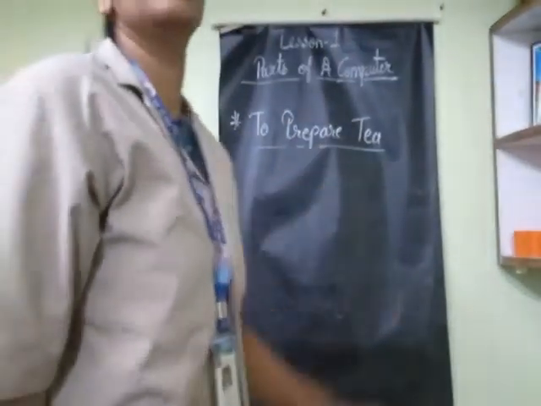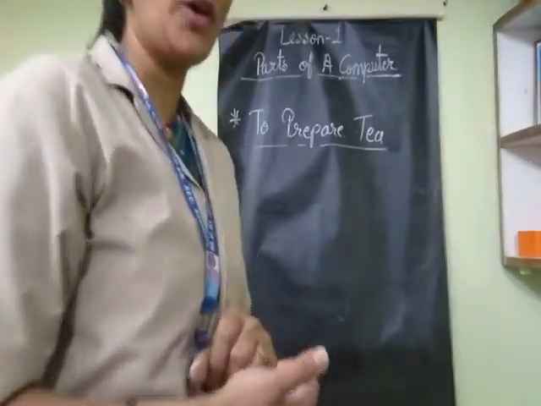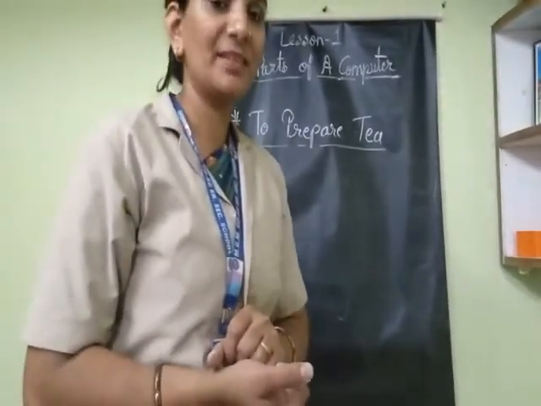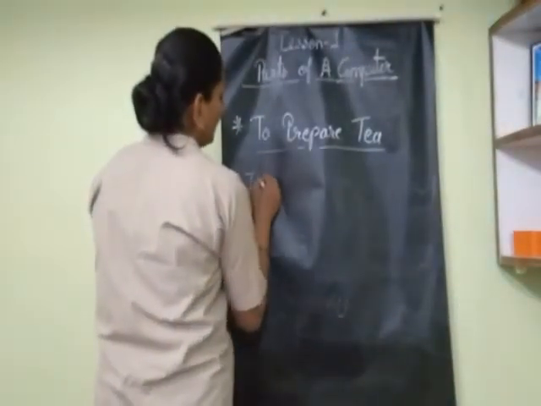To prepare tea. Okay. So what do we do for making tea? Yes, in the input, process, output format.